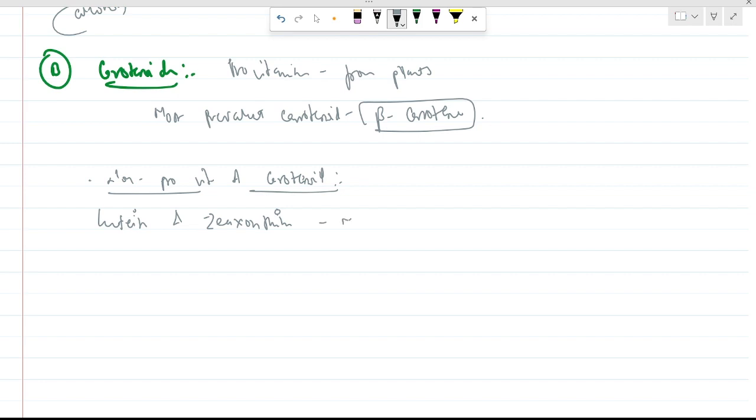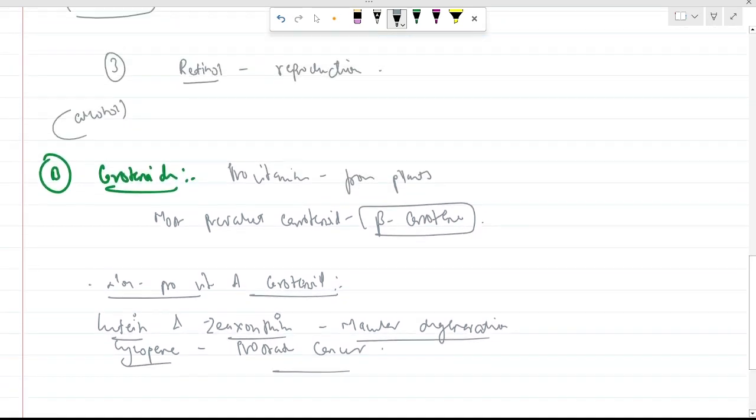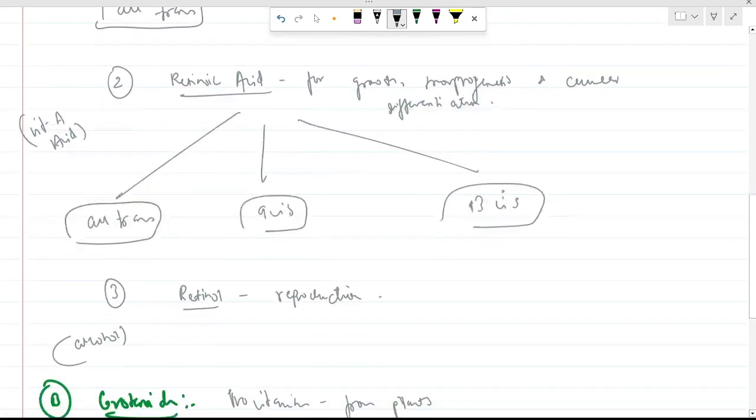Their deficiency leads to, remember, macular degeneration. Another non-provitamin, remember, lycopene. Lycopene deficiency leads to prostate cancer. Lutein and zeaxanthin for macular degeneration, lycopene for prostate cancer. We have seen these two forms, retinoids and carotenoids.